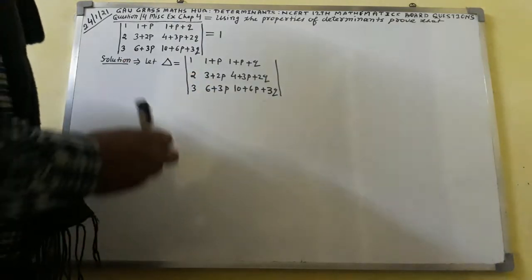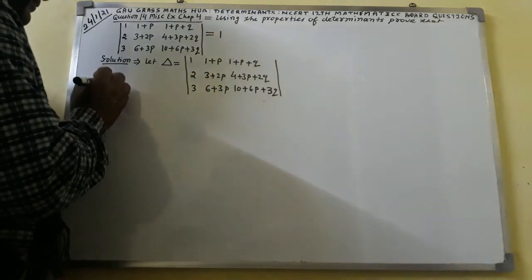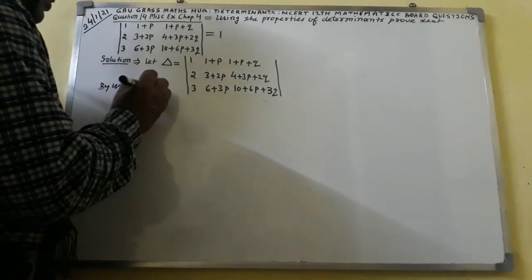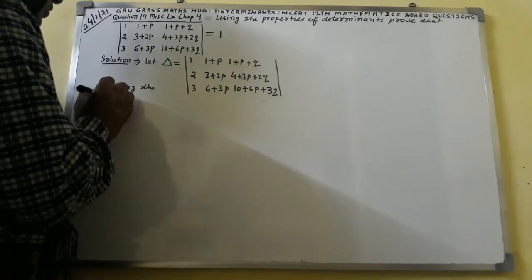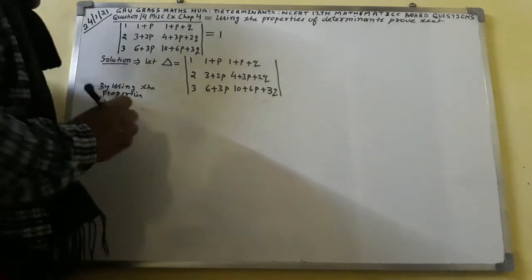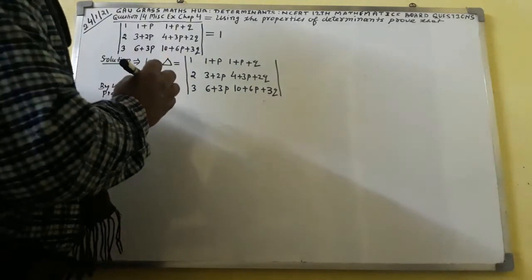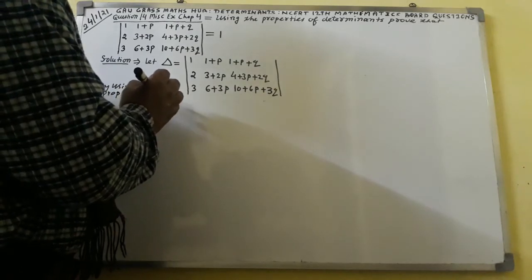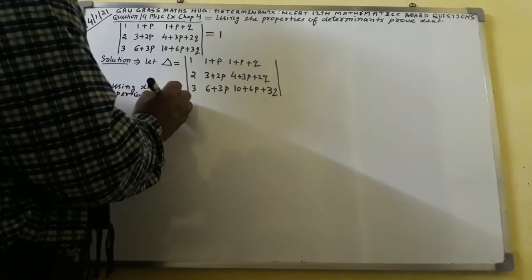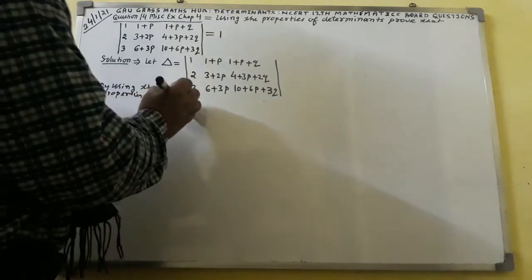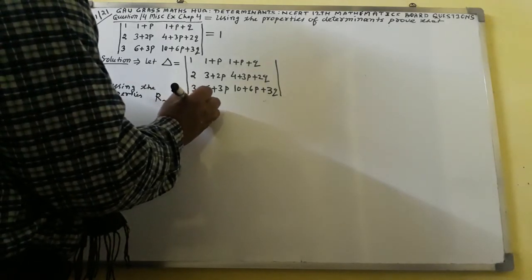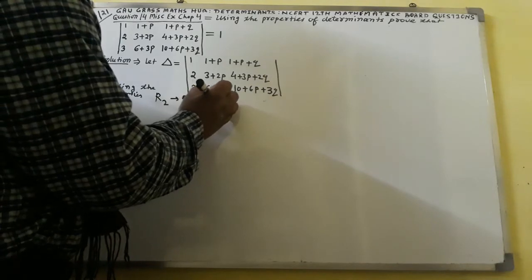So here I shall use the property. Using the properties, R2 goes to R2 minus 2 times R1.